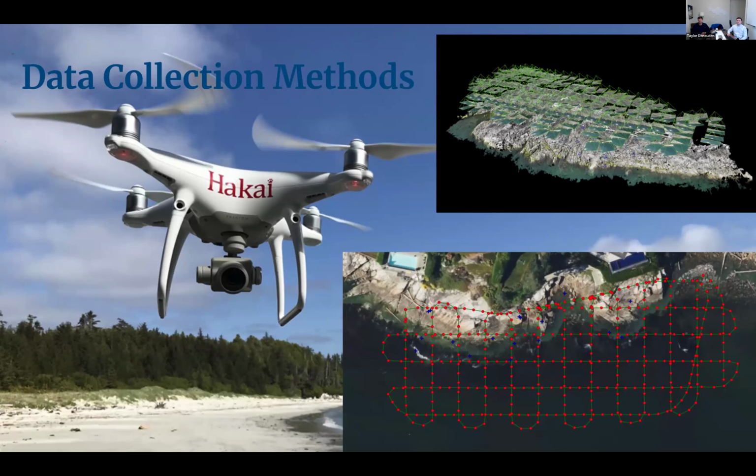And generally for the mussel mapping, we're looking for like 0.5 to 1 centimeter pixel resolution. So that's the smallest thing we can see, about 1 centimeter. And that translates to 15 to 40 meters high, roughly. It depends on where we are, what sort of hazards there are, how long we need to fly, those sorts of things. And then we set the drone off, it goes and takes pictures.